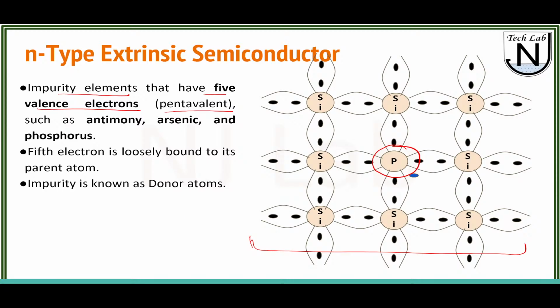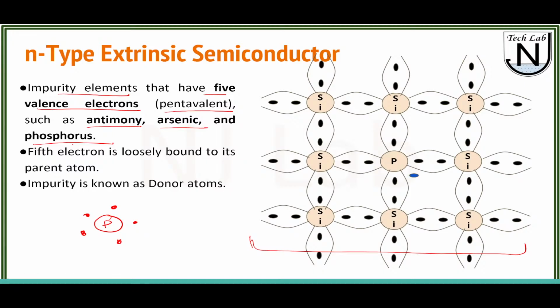For example, these 5 valence electrons are present in elements like antimony, arsenic and phosphorus. So if we replace one silicon atom with a phosphorus, as I did over here, since phosphorus has 5 electrons around it in the outermost shell.